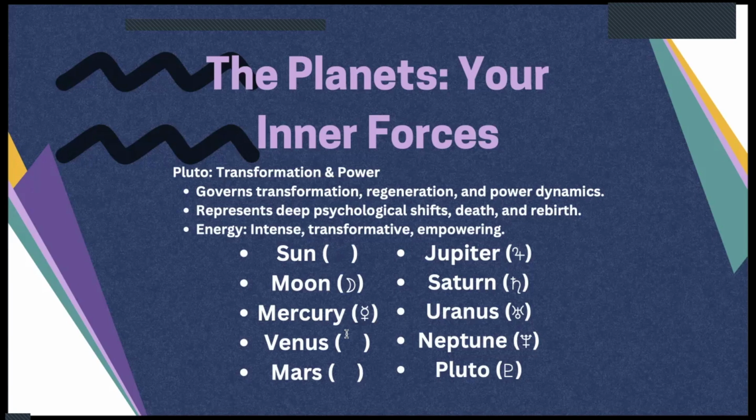Don't worry, I'll show you the glyphs for Venus and Mars as well. I was putting this together during the Mercury retrograde, so Mercury here looks like a little trickster. Speaking of, Mercury is known as the trickster. It's the glyph for Jupiter, the glyph for Saturn, the glyph for Uranus, the glyph for Neptune, the glyph for Pluto.